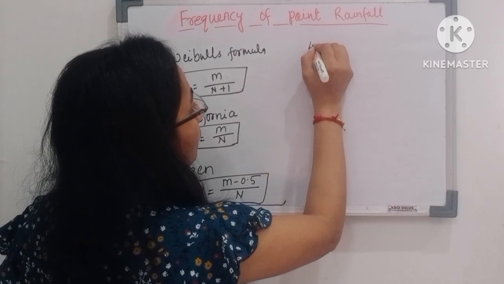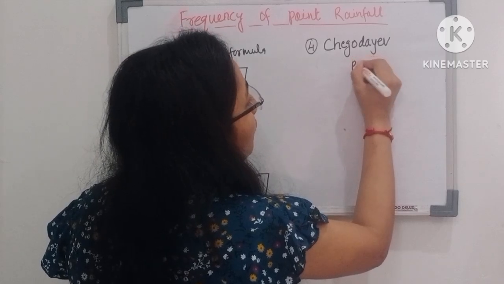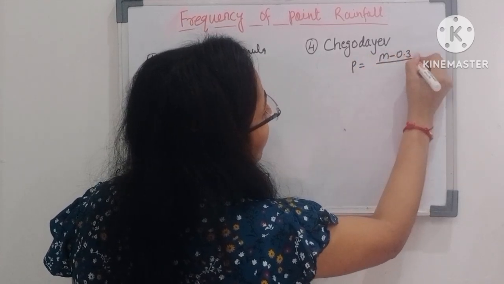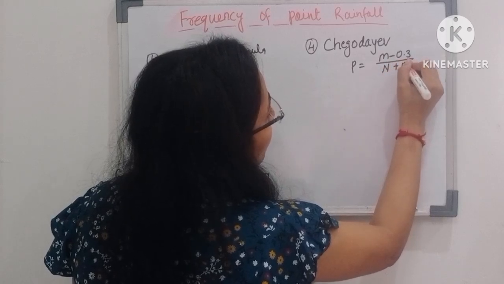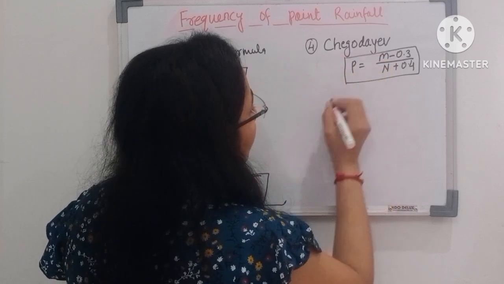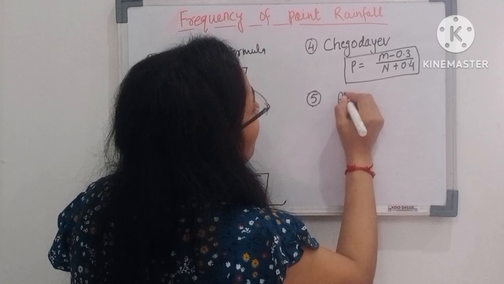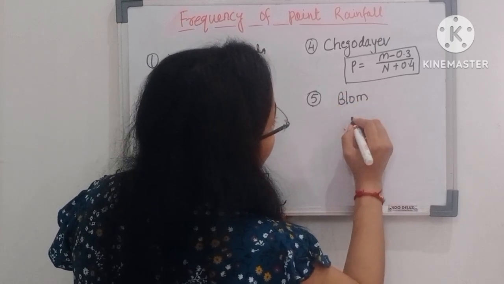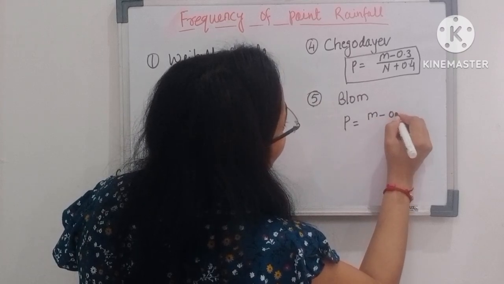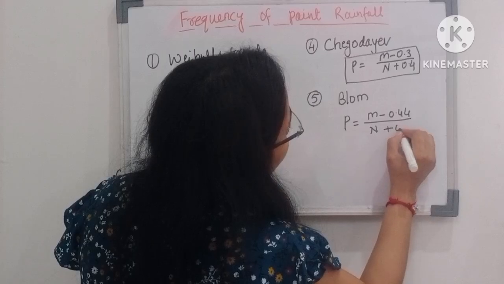Then the fourth one is the Chegodayev formula. Here P is equal to m minus 0.3 upon n plus 0.4. Then the fifth one is the Blom formula, and the probability can be estimated by m minus 0.44 divided by n plus 0.12.